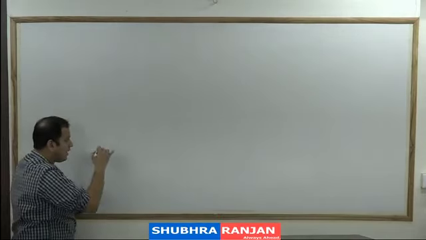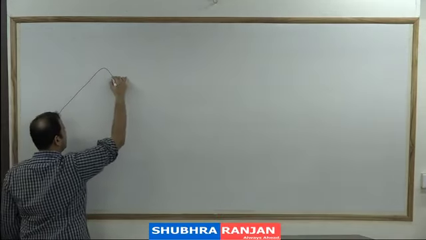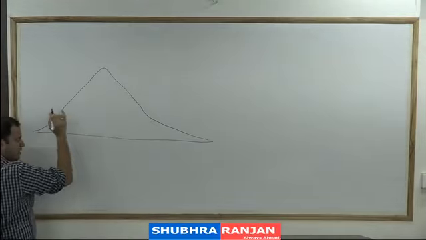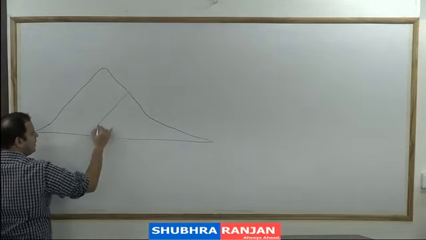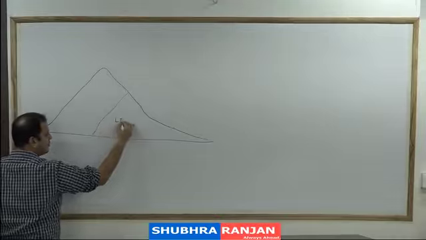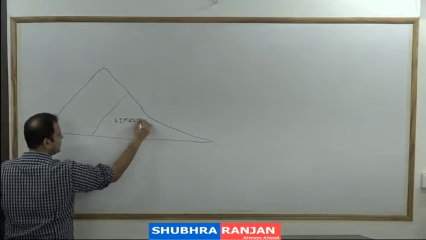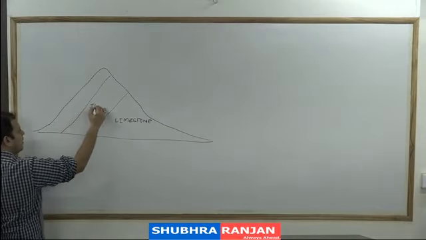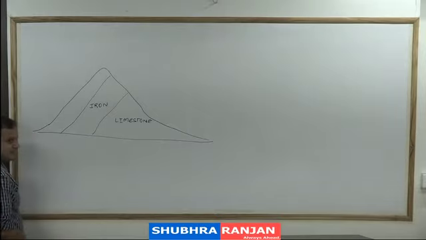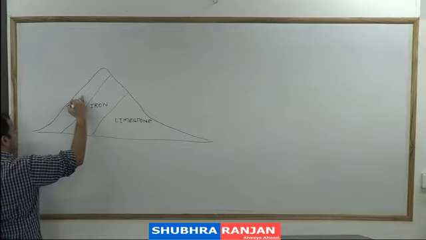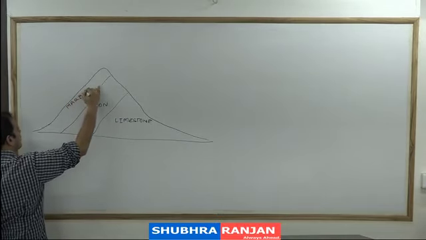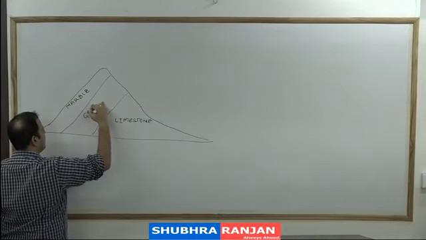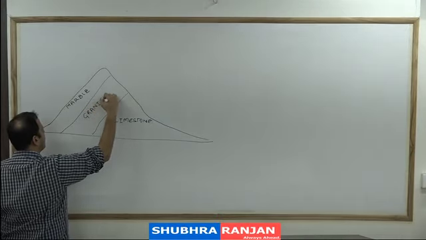Now, I am asking you a generalized example. If this is a rock or a mountain and some part of it is made up of limestone, some part of it is made up of iron, the most common mineral here, some part of it is made up of marble, or forget iron, some part of it is made up of granite.